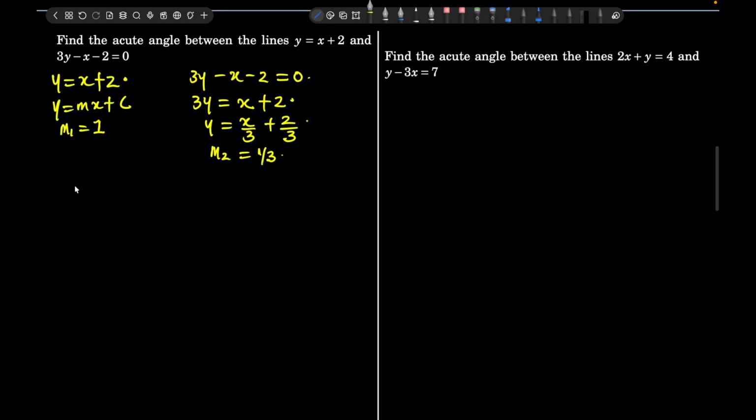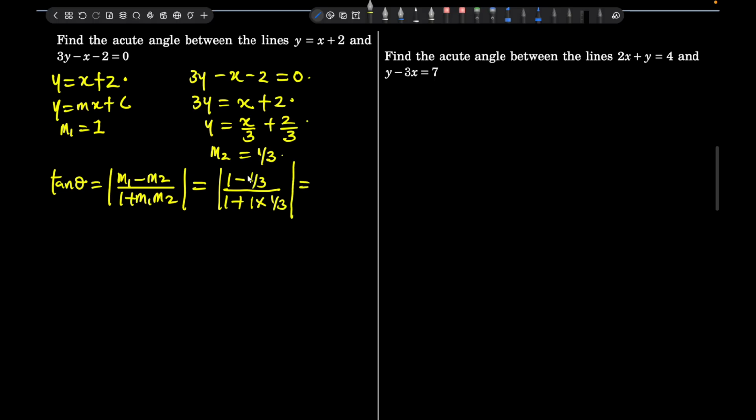Now, if you use the tan formula, we have tan theta is equal to m1 minus m2 over 1 plus m1 m2. What is m1? 1. What is m2? 1 over 3. Over 1 plus m1, again 1, times m2, 1 over 3.